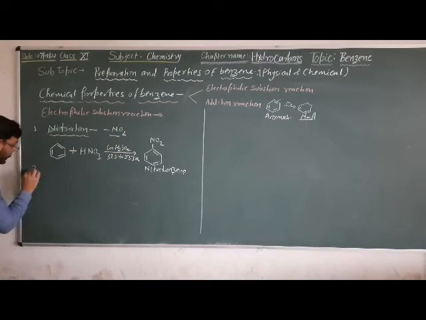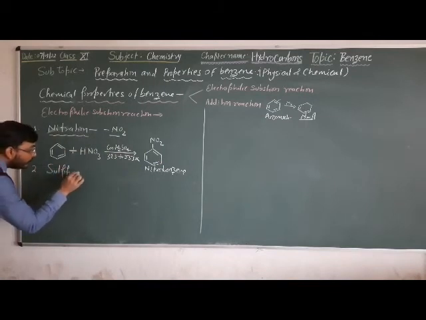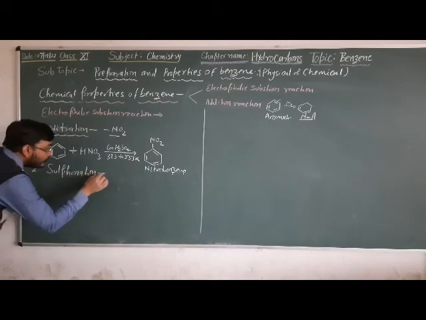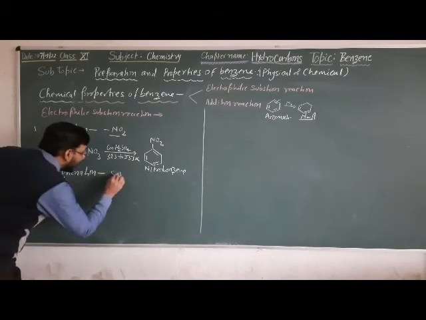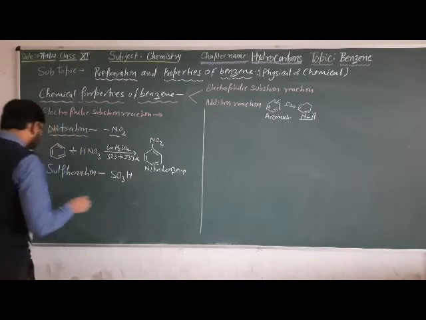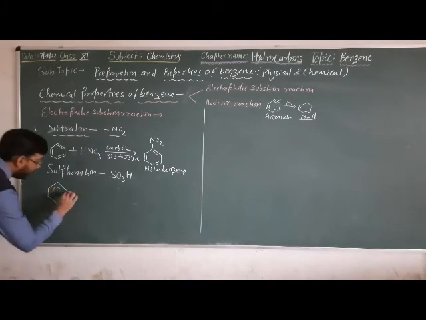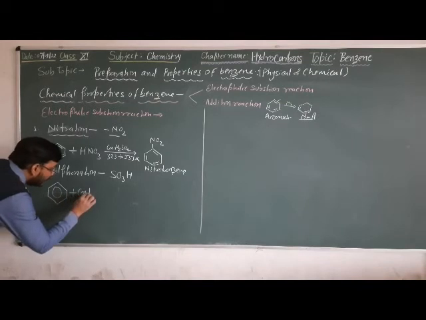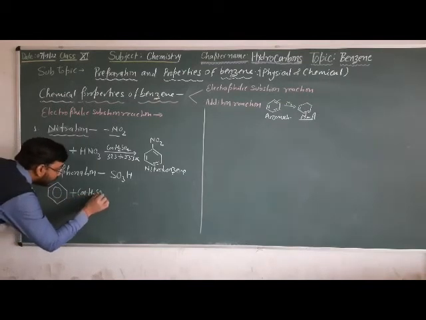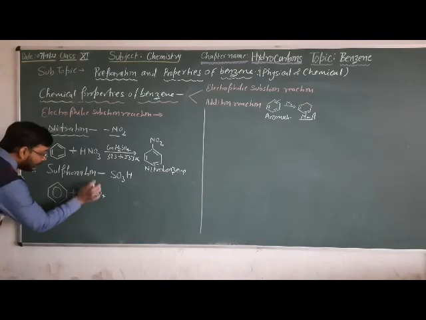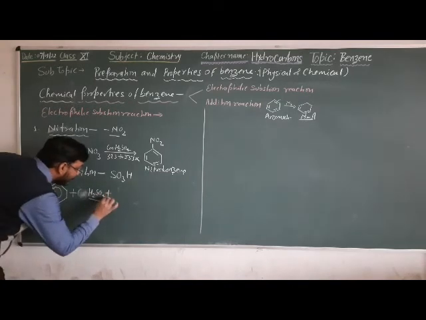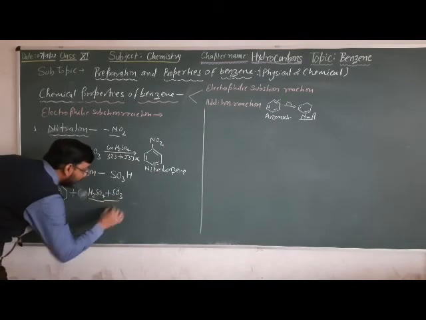Number 2 is sulfonation. Inserting the SO3H group, we replace the hydrogen by an SO3H group. We take not just concentrated H2SO4 but a mixture of H2SO4 and SO3 in this reaction.